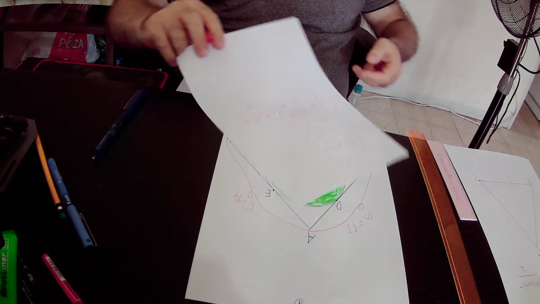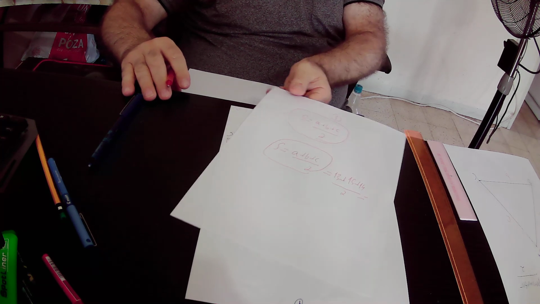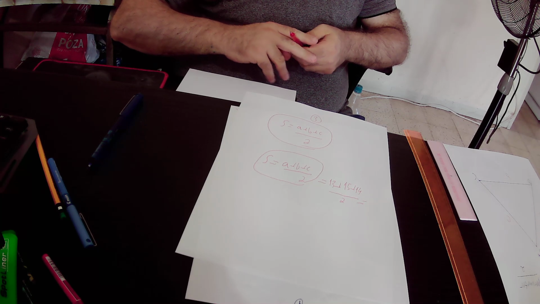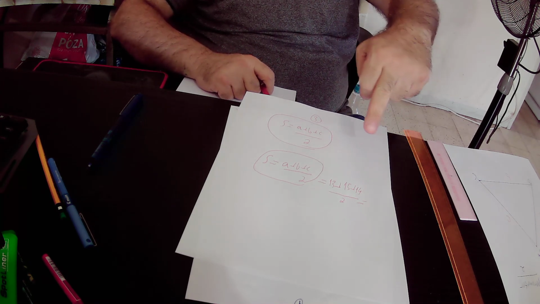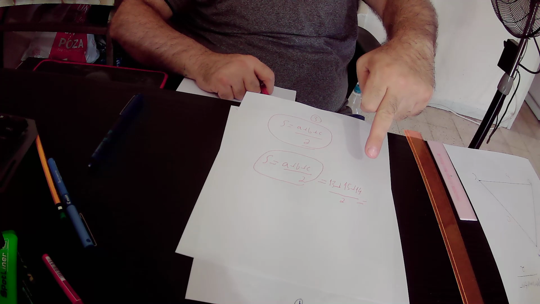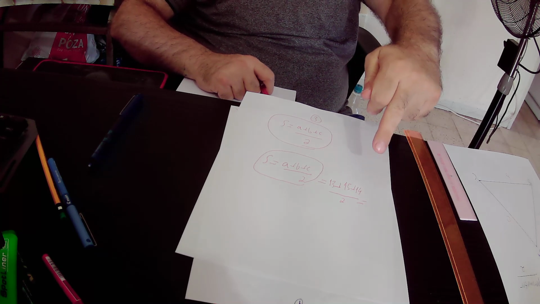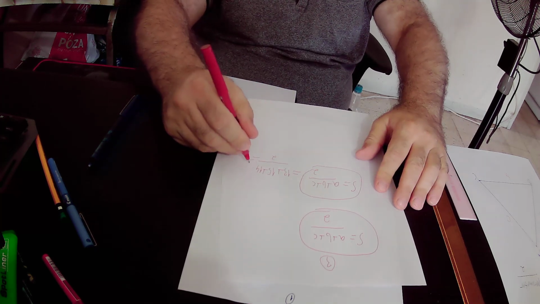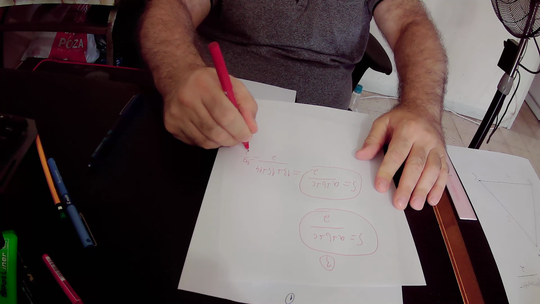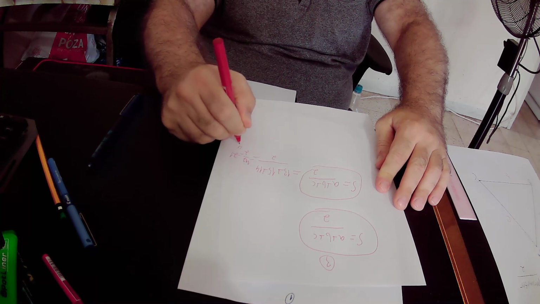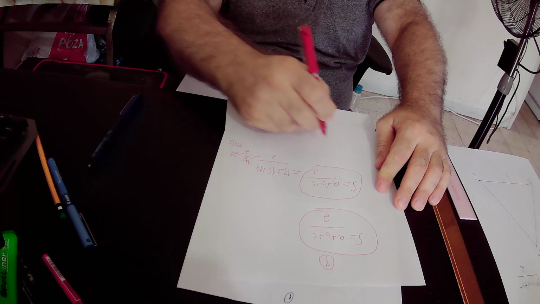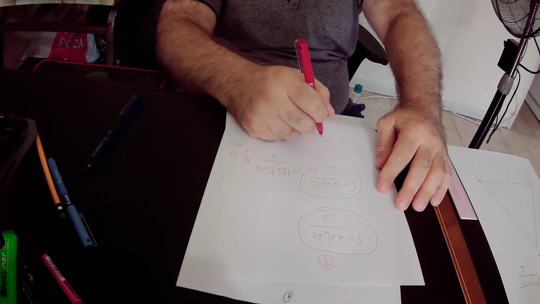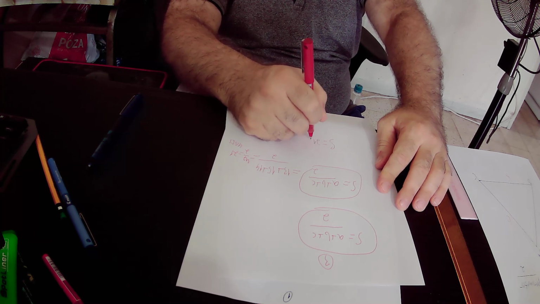So actually the semi-perimeter of our triangle ABC equals 13 plus 15, that is 28, and 28 plus 14 is 42, and 42 over 2 is 21 units. So the semi-perimeter of triangle ABC equals 21 units.